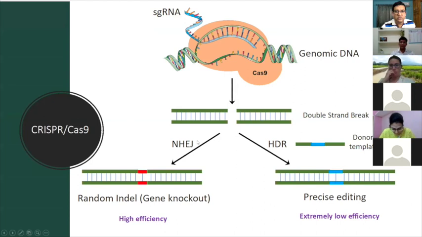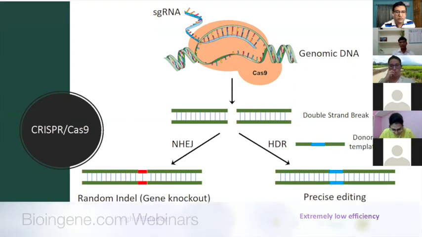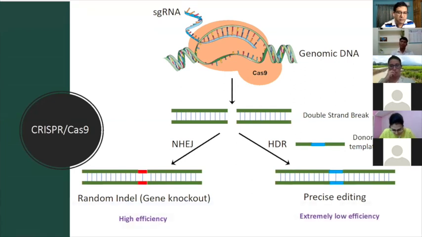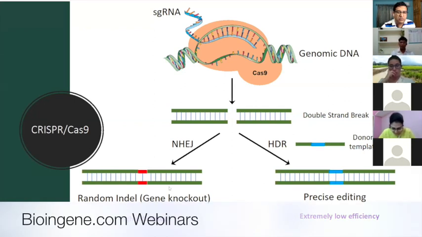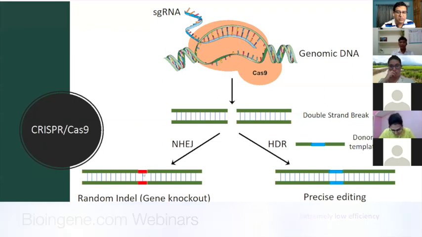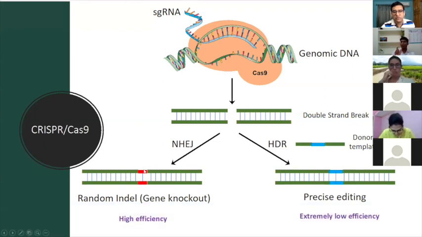NHEJ is the predominant method of repair in higher eukaryotes. NHEJ is also a little bit error prone. When it repairs the two broken ends, it randomly inserts or deletes nucleotides at the cut point. You see this red color is a random insertion or deletion of one or two letters of the DNA.